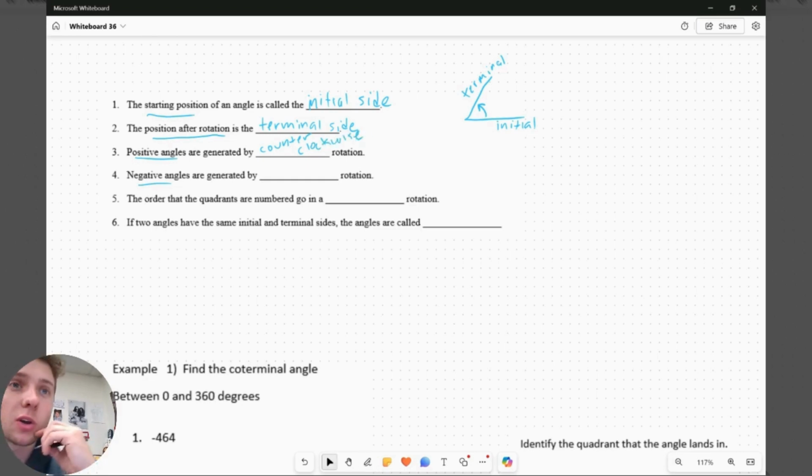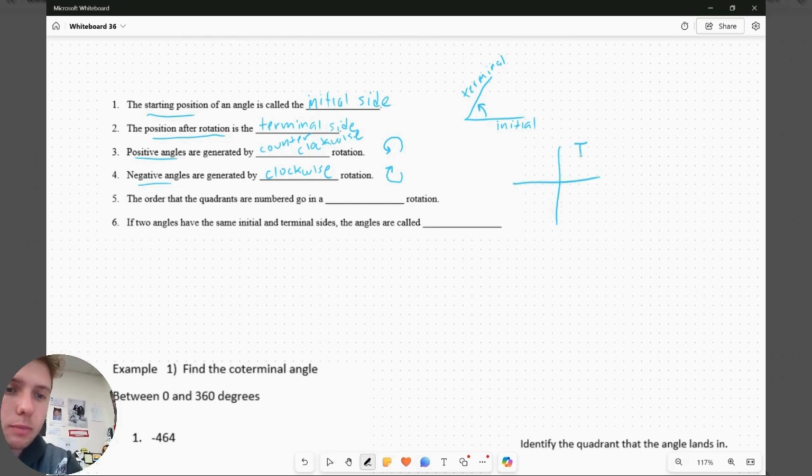If you don't know your clocks too well, that means we are going this direction. Negative angles are the other way. That just means they are clockwise, and that would go down first and then up.